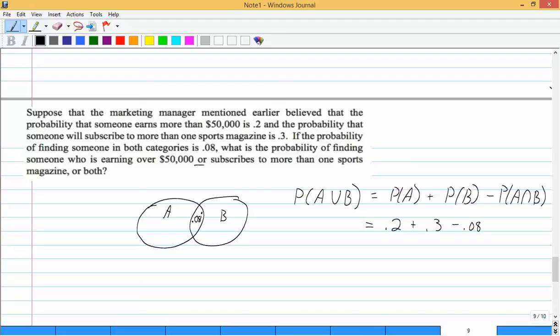So if you add the first two decimals together, you get 0.5 minus 0.08. That's going to be 0.42. So the probability of finding someone who's earning over $50,000 or subscribes to more than one sports magazine, or both, is 0.42, 42%.